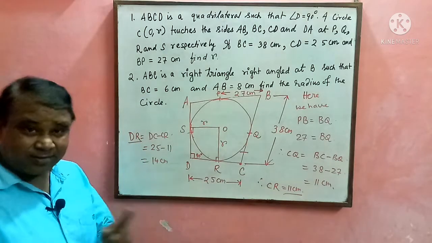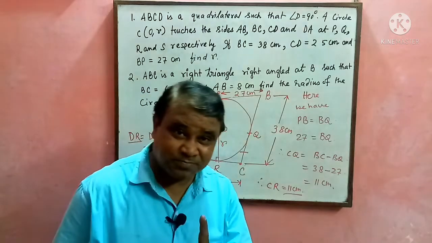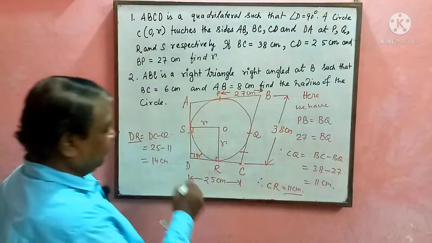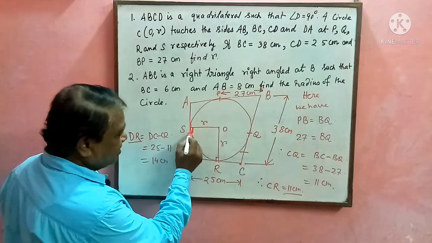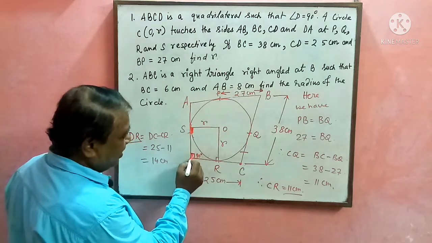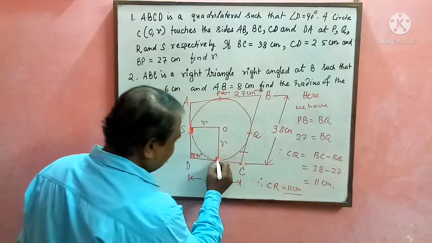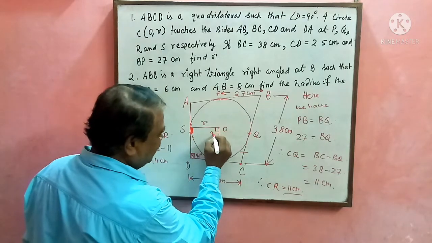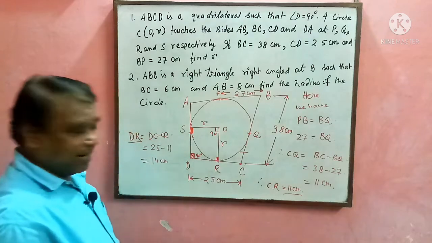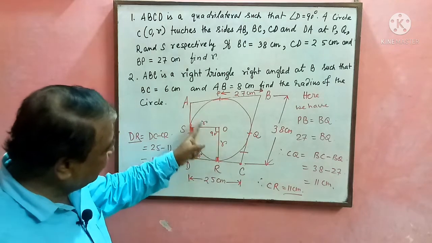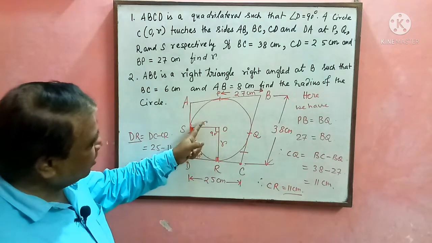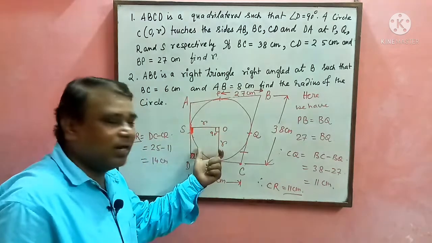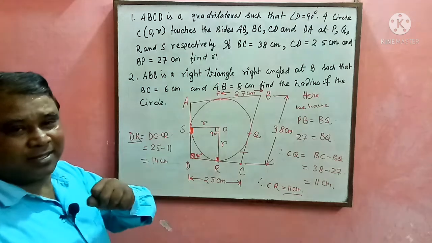But do remember, here you have to give a reason. See, angle C is 90 degree, D is 90 degree, R is 90 degree, it's a quadrilateral, so obviously this is also 90 degree, and the adjacent sides are equal and all angles are equal, so it is a square.